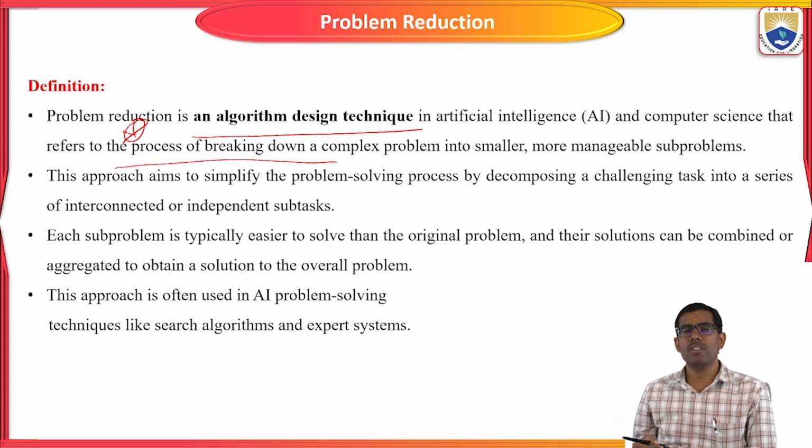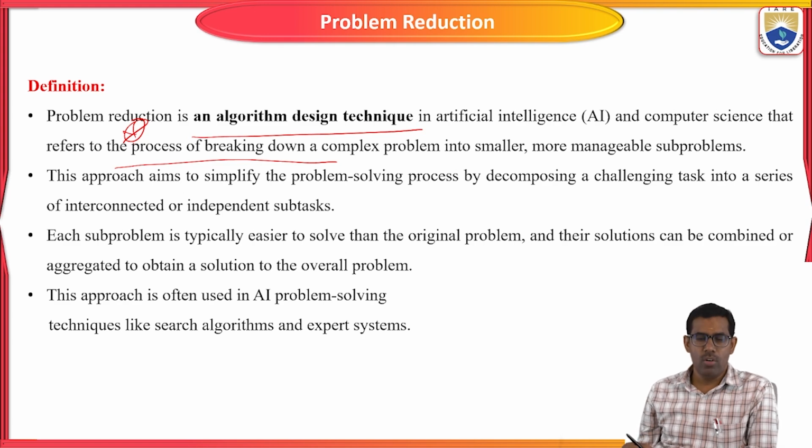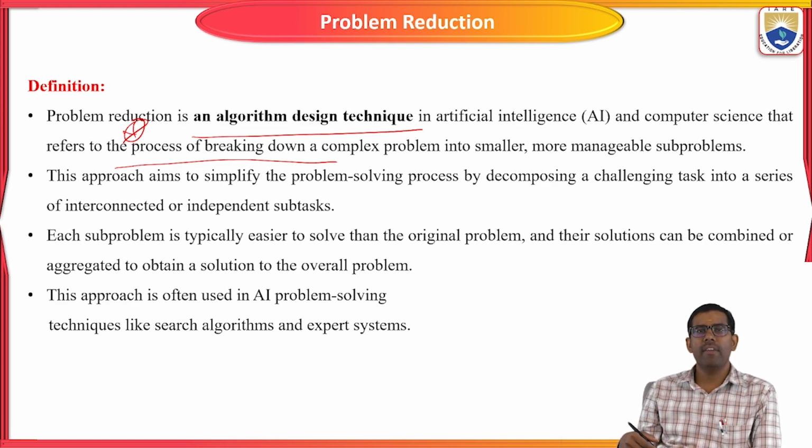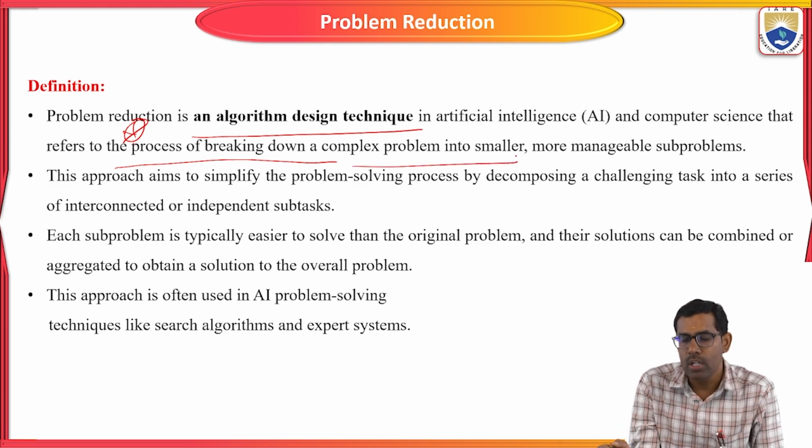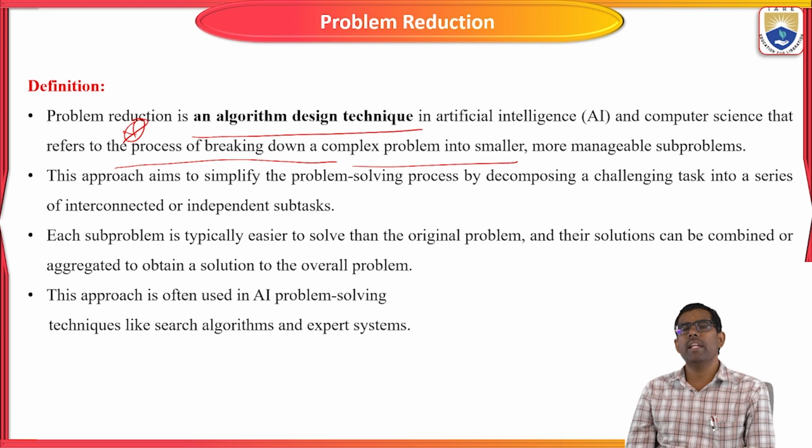Then finally we plug in the solutions of all the sub problems. Like this we divide all the complex problems, that is the process of breaking down a complex problem into smaller, more manageable sub problems.